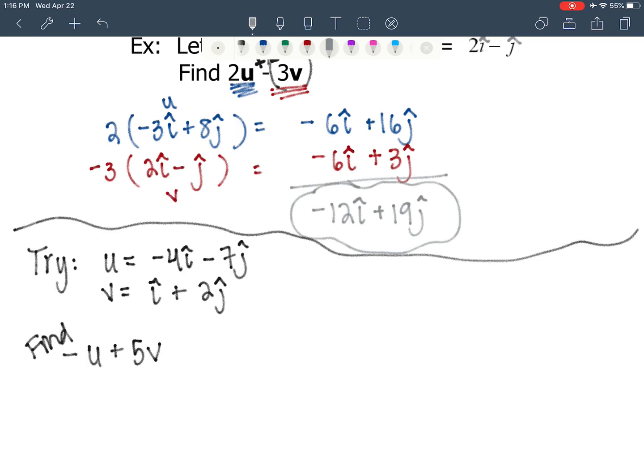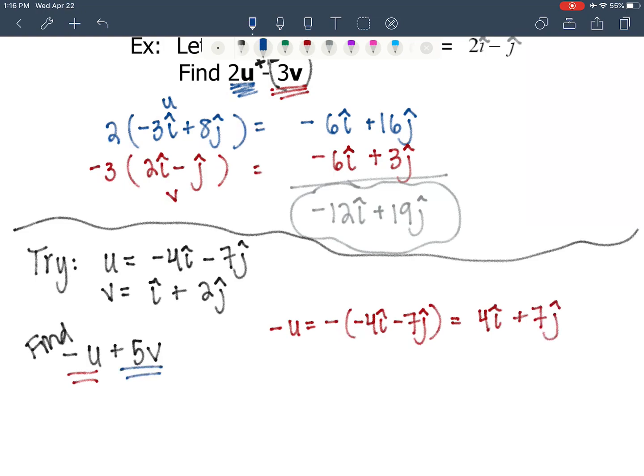So negative u is going to equal the opposite of negative 4i hat minus 7j hat, which is 4i hat plus 7j hat.